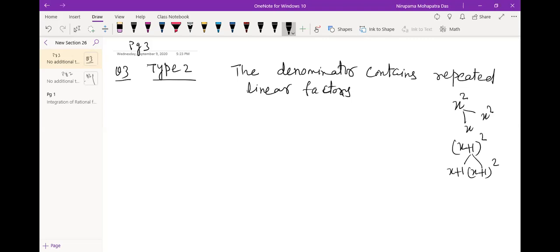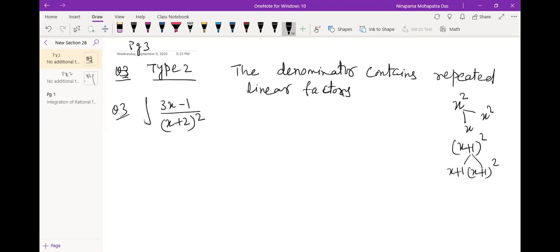Okay, so let me take a simple question first. Question number 3 is of this type. Find the integral of 3x minus 1 divided by x plus 2 whole square. Here you have repeated linear factors.